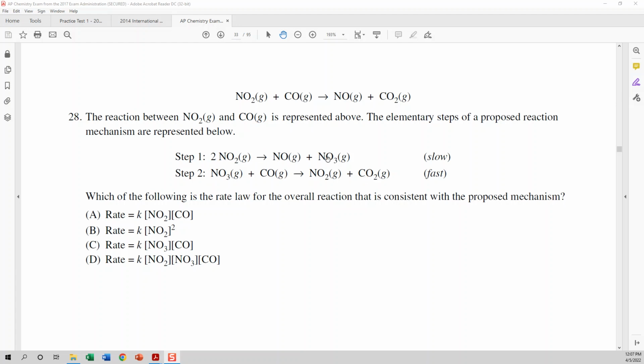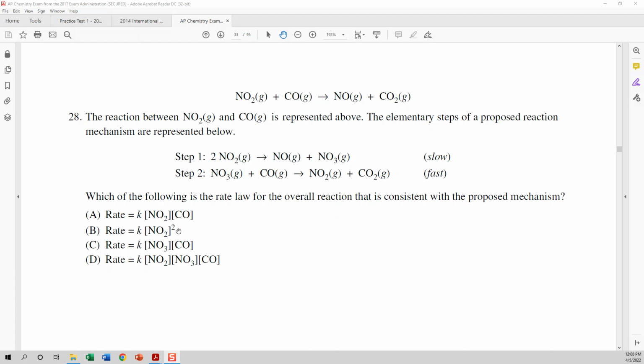So our first step is the rate determining step. It shows NO2 showing up twice. Look at that, 2 times. So it's second order. And then that means the CO, the carbon monoxide, since it's not in the rate determining step or previous steps, that means CO is 0 order. So B would be the right answer. This would be the right rate equation.